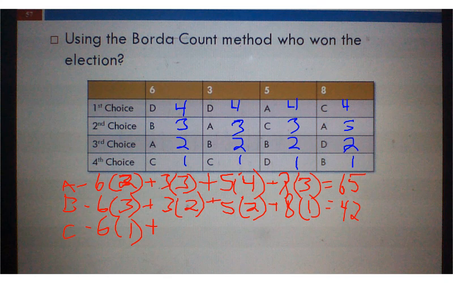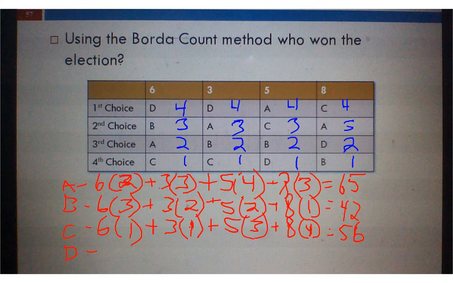Once again, C's in last for these folks, so starting off pretty low here. 5 times the 3 points for C, for being in second place, and then in that last column we have 8 times 4. So C got some first place votes there. Okay, 56. So surpassing candidate B, but not quite getting up to candidate A's tally.